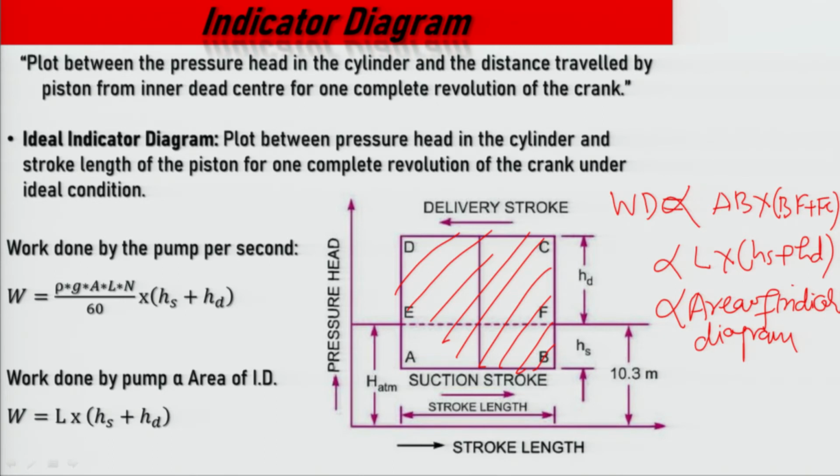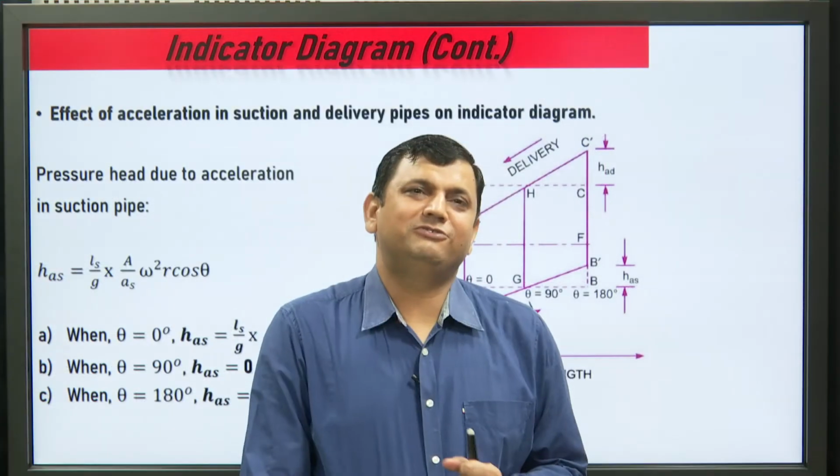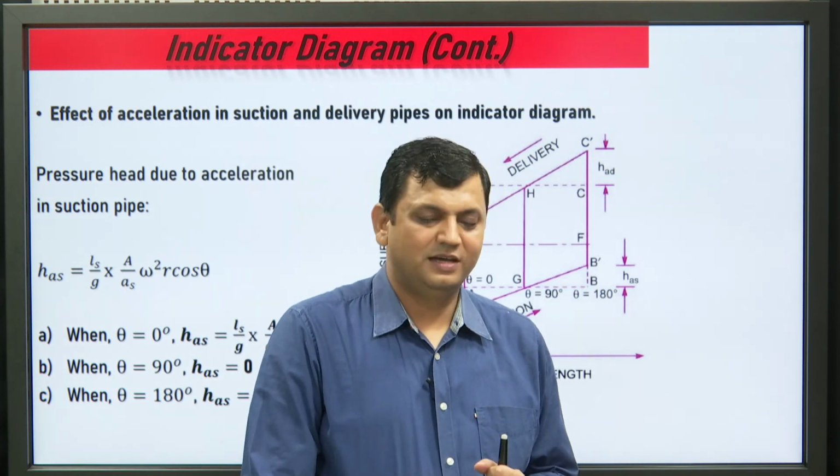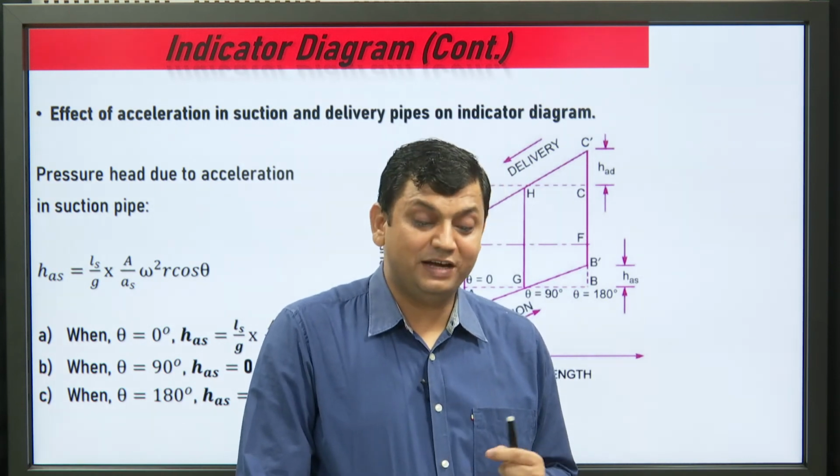So this is the work done by the pump. Now that we know this is the ideal, what is the real diagram? In the real diagram, we discuss the effect of acceleration.